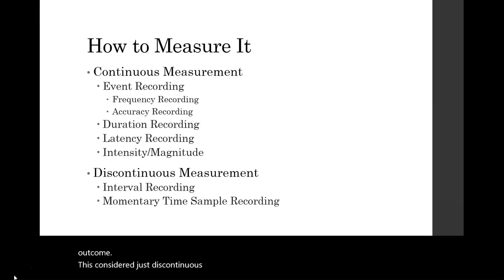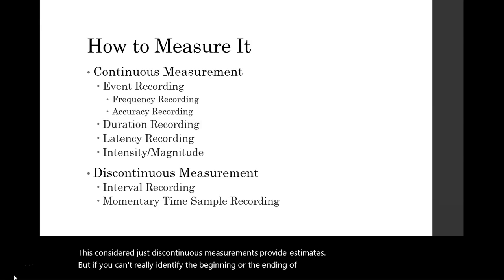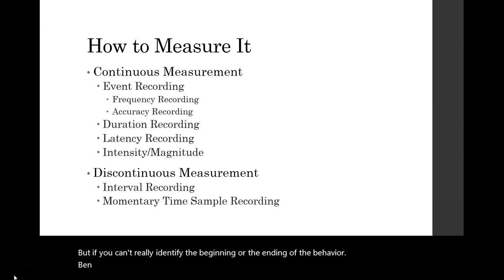Discontinuous measurements provide estimates. If you can't really identify the beginning or the ending of the behavior, then a discontinuous measurement, such as interval recording, can give you an estimate of frequency. And time sample recording will give you additional estimates of both frequency and duration.